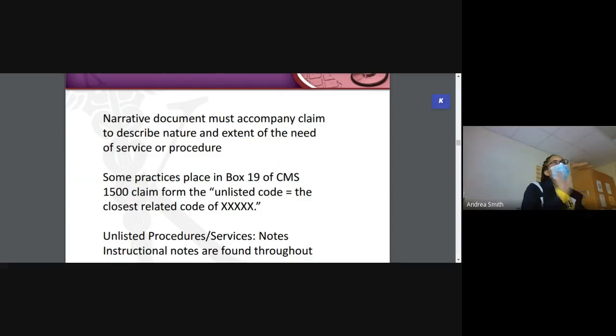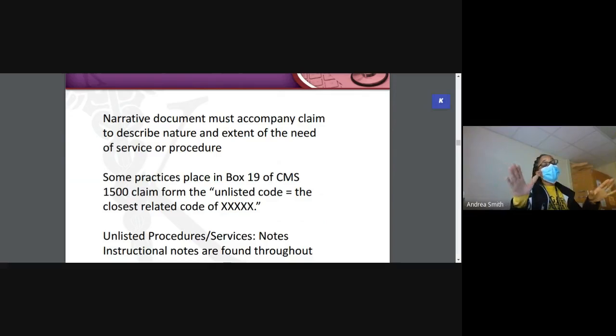Well, if I can't use cold laser in box 19, what's closest to it is therapeutic ultrasound, which is 97014. But we could use that code that's closest to it to designate that in box 19.